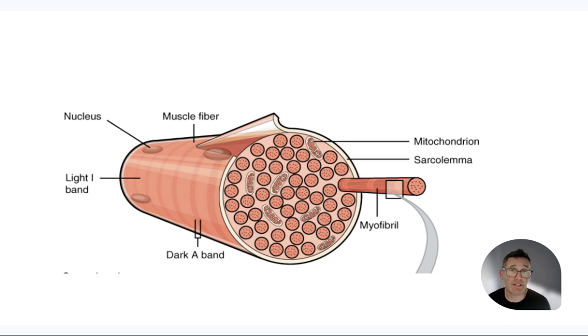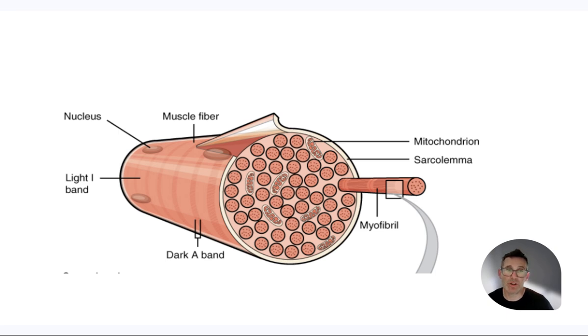And it's the skin of the myocyte. And inside the myocyte or muscle cell, we have myofibrils, and the myofibrils contain long chains of actin and myosin.